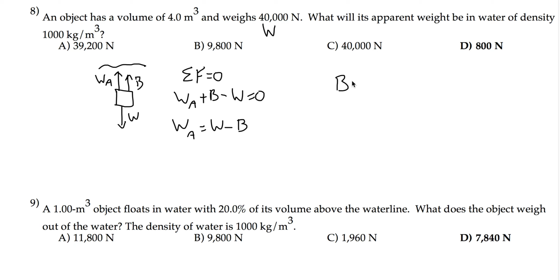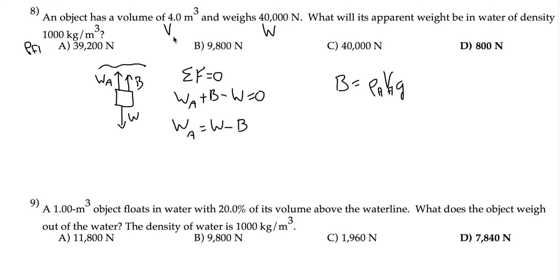The buoyant force is equal to rho Vg for the fluid. So the density of the fluid is right here, 1,000. The volume of fluid displaced, well, it's going to be completely in the water, so it's going to displace its own volume, which is 4.